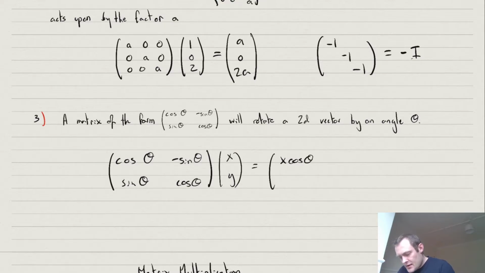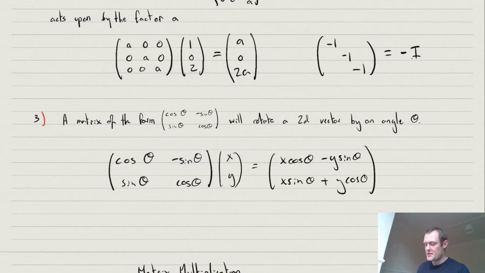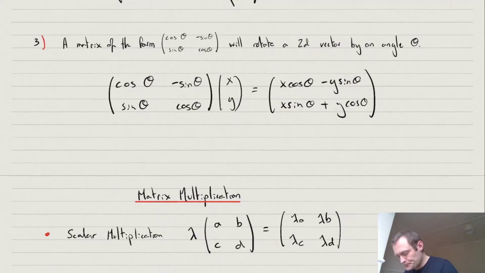And then the negative sign is going to multiply the y, so subtract y sine of theta. And then in the second row, sine theta times x. So x sine theta plus y cosine of theta, like that. Okay, so this is just the same vector, but rotated through an angle of theta.